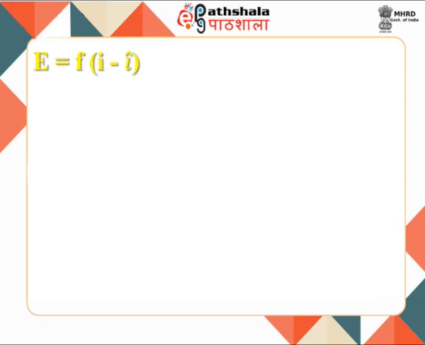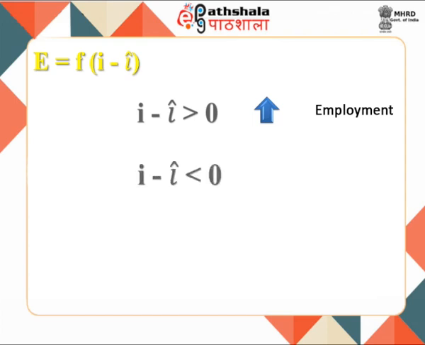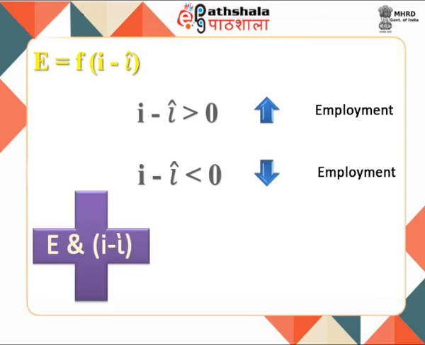Therefore, E is equal to a function of (I minus I cap), and when I minus I cap is greater than 0, then employment level would be rising, and when I minus I cap is less than 0, then employment level will be declining. Hence, there is positive relationship between employment level E and I minus I cap. As there is positive relationship between E and I minus I cap, it can be said that F dash (I minus I cap) is greater than 0.